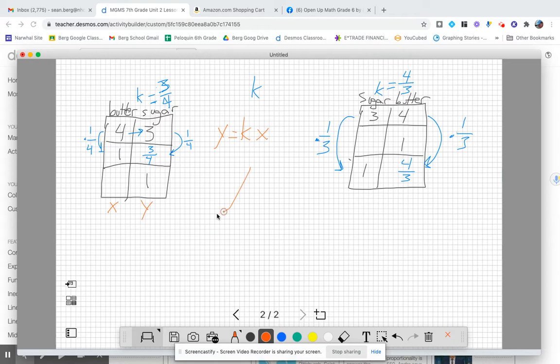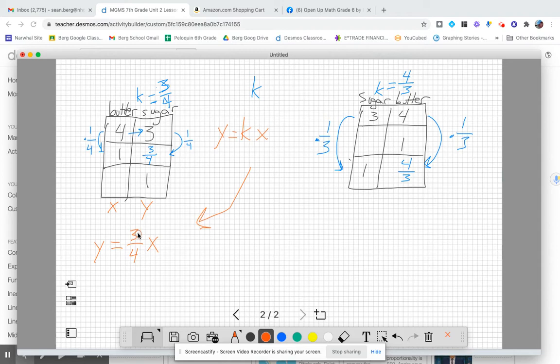So at this point, given this side, I could write it as y equals 3/4 of x. And let's see if that's really true.